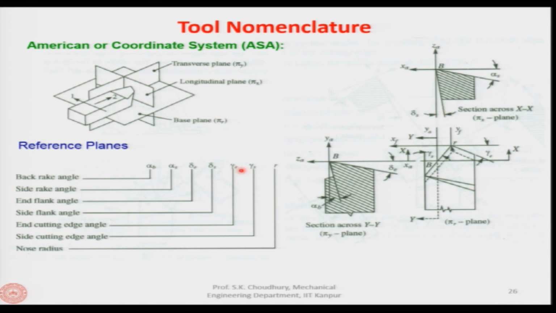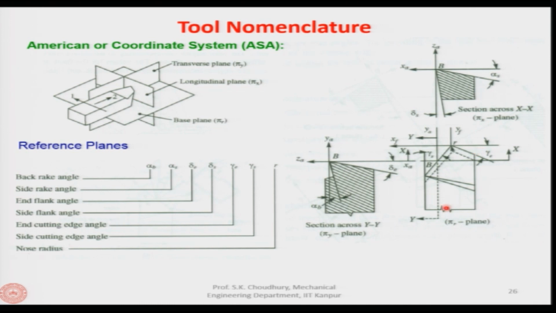Then the two cutting edge angles: one is the end cutting edge angle, and here is the side cutting edge angle. The side cutting edge angle, by the way, is between the principal cutting edge and this line. The end cutting edge angle is between the x axis and the auxiliary cutting edge. So, this is the end cutting edge angle.